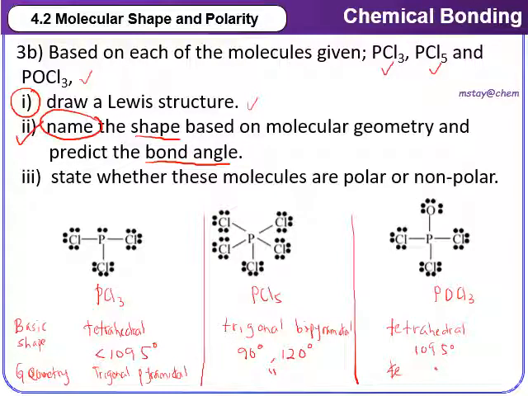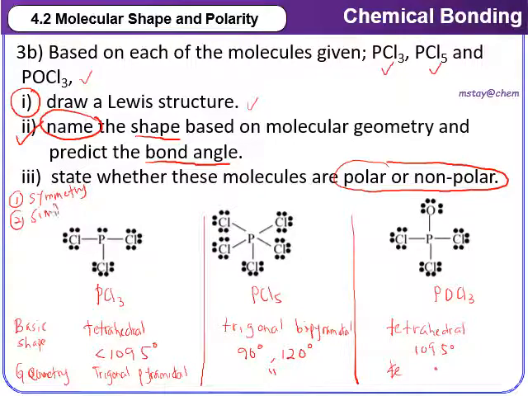Number 3, we have to state whether each molecule is polar or non-polar. With a quick check, as long as the compound is symmetrical with similar terminal atoms, we will consider it a non-polar molecule.